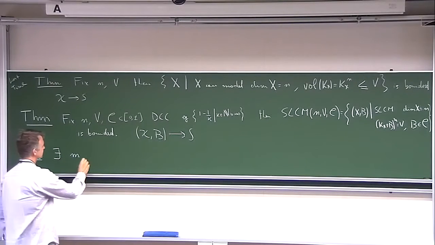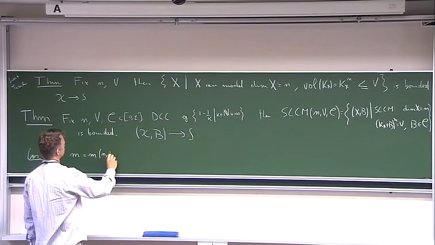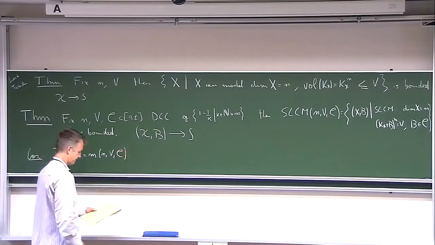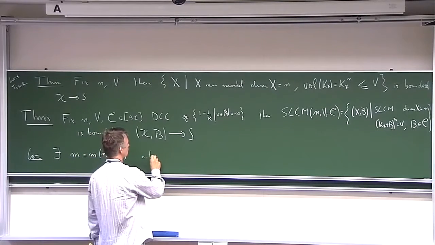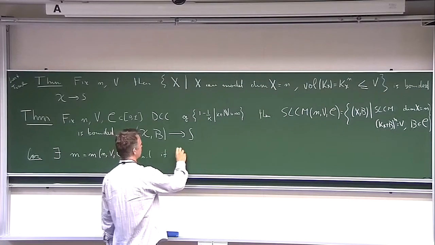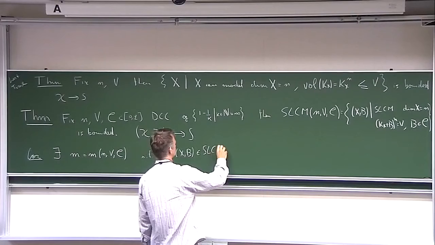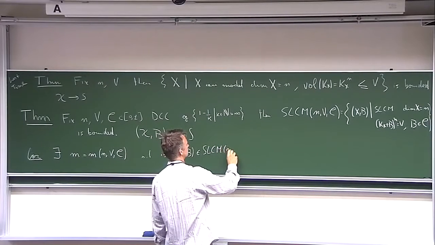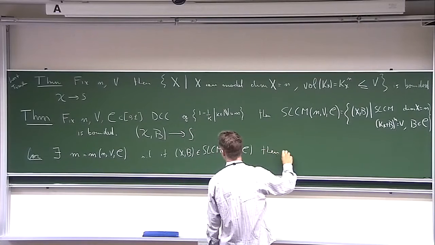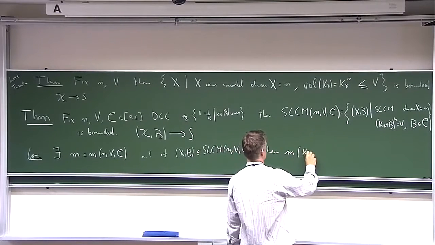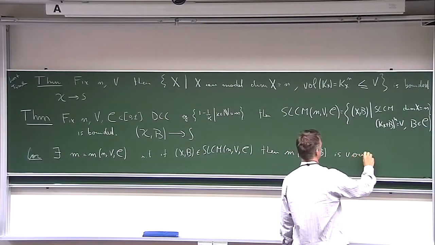There exists an integer m, which only depends on the dimension, volume, and coefficient set, with the property that if we take one of these semi-log canonical models with the right volume, dimension, and coefficient set, then m(K_X + B) is very ample.